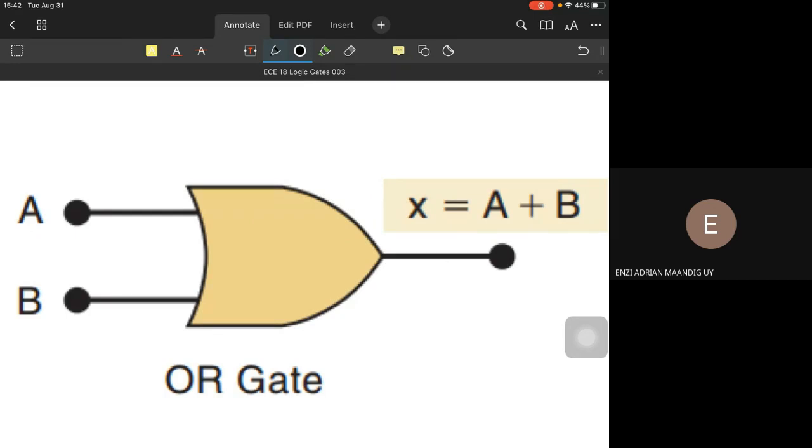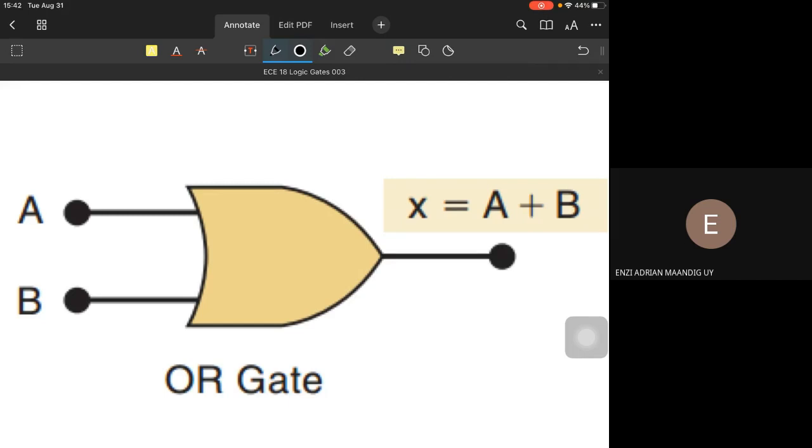In simple terms, the output will be on if either A or B is on. That's why it's named OR. The output will be on if either A or B is on. So when is the output off?